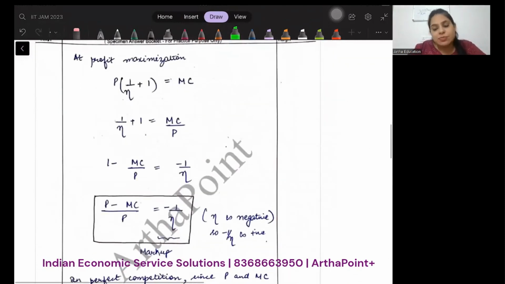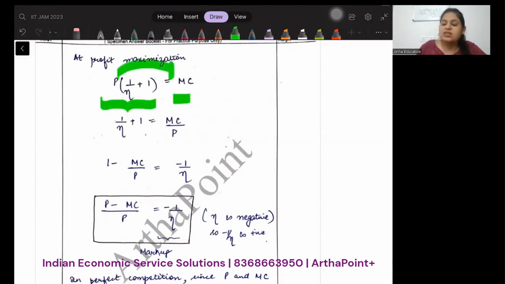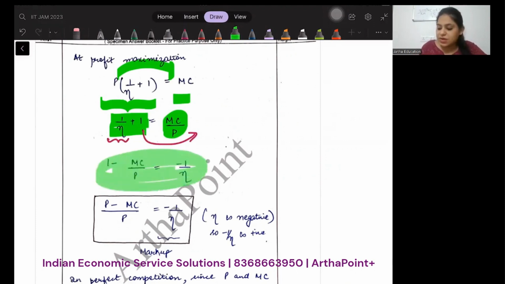Now, what happens at profit maximization? You equate this to marginal cost. So you can take price to the other side: 1 by elasticity plus 1 will be MC by P. You can keep this here and take that on the other side and you will get something like this, right?